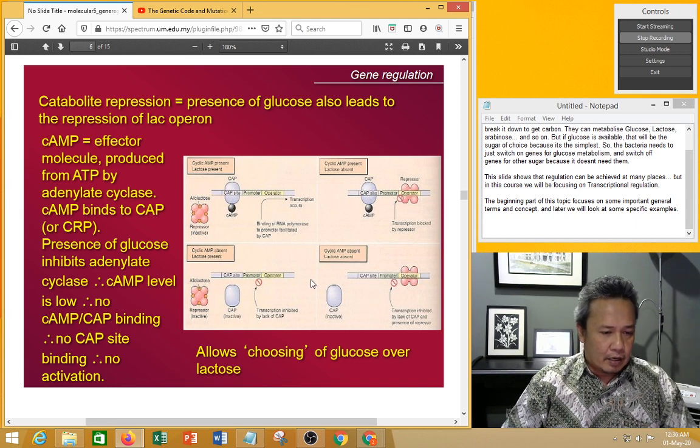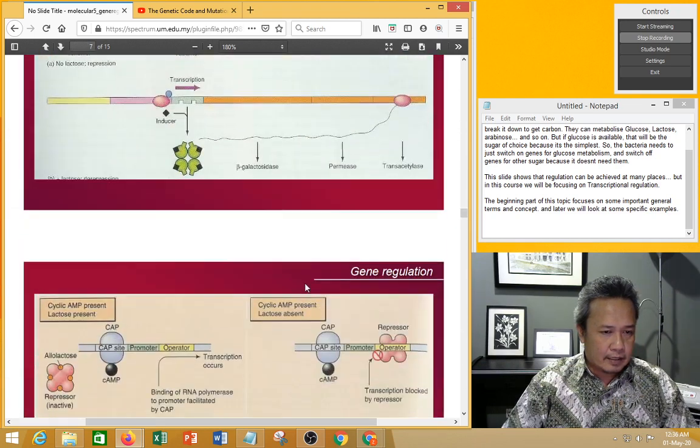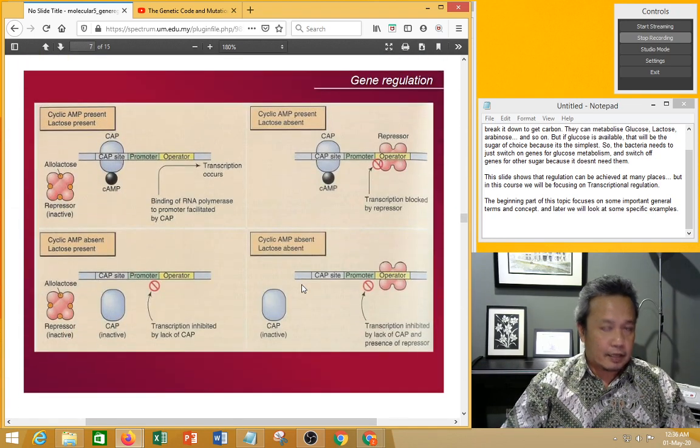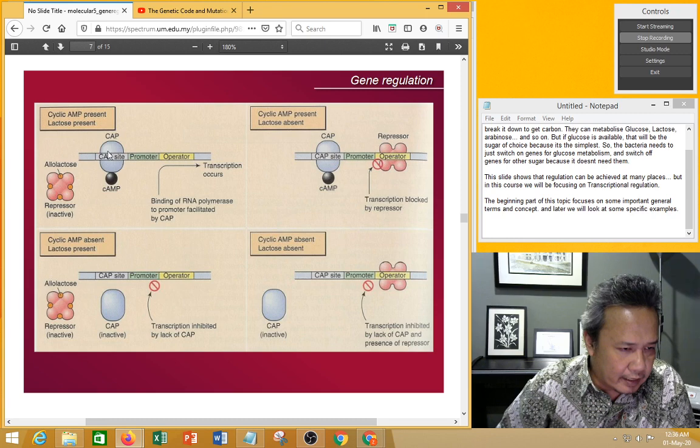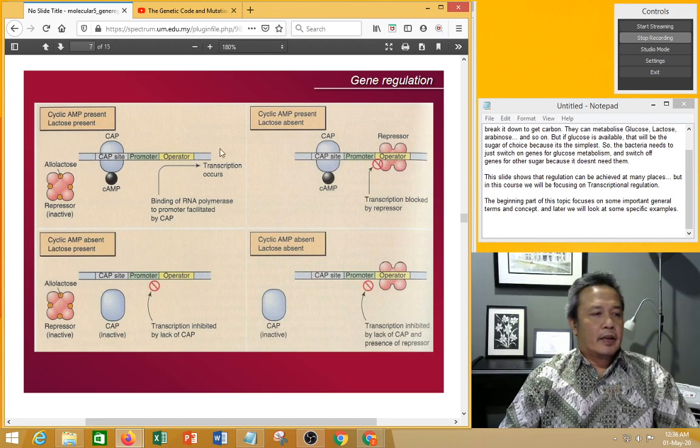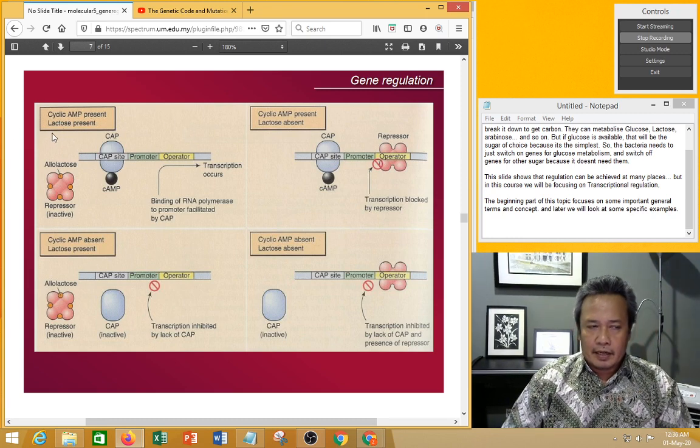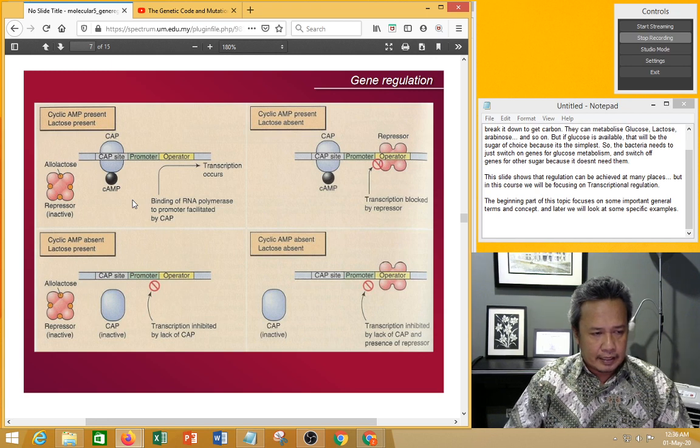Okay, this is a better, clearer picture. These are four situations: cAMP present, lactose present; cAMP present, lactose absent; cAMP absent, lactose absent; and cAMP absent, lactose present. What's the difference?